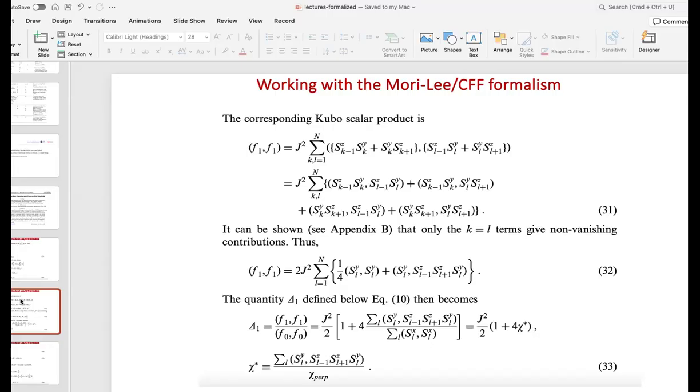So likewise, there are two more terms: plus SYK SZK plus 1, and then SZL minus 1 SYL, and then plus SYK SZK plus 1, and then SYL SZL plus 1.